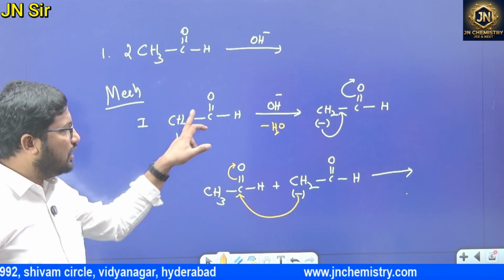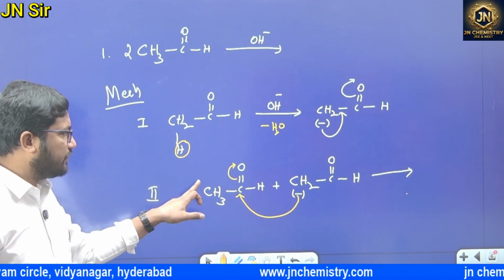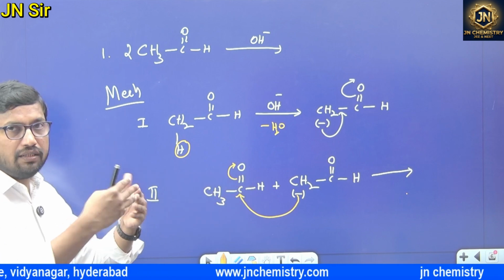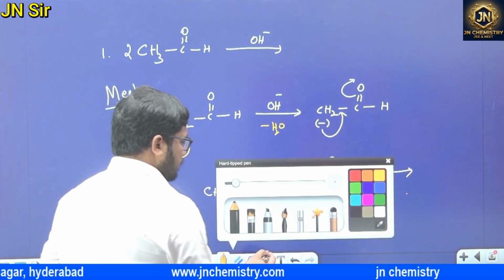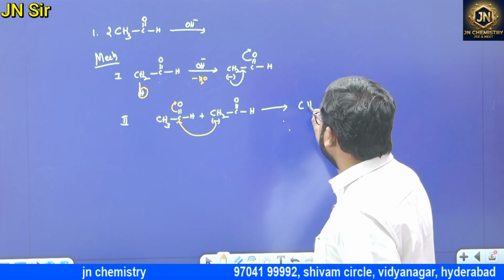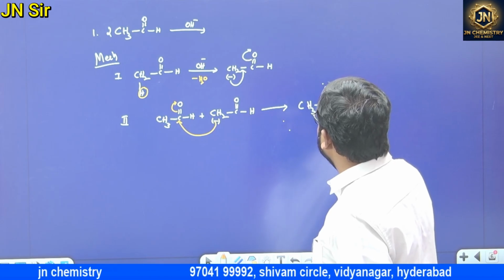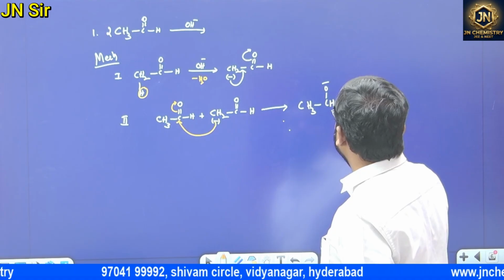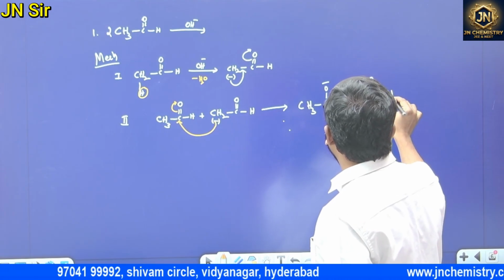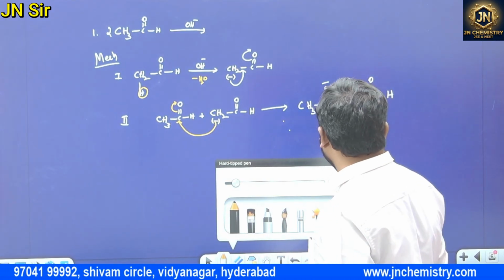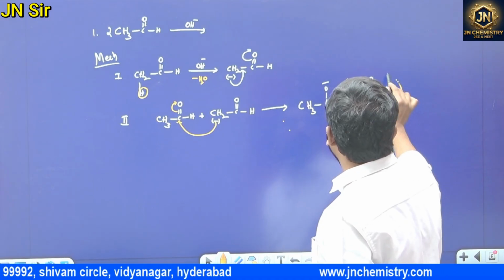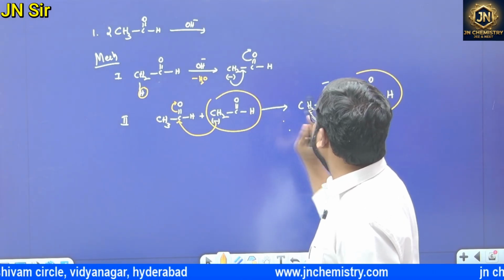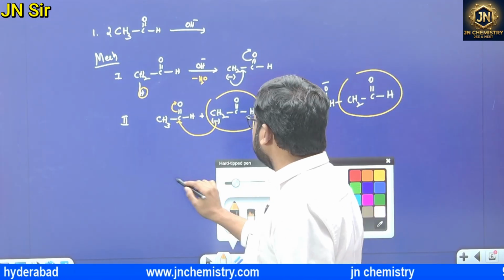Simply club the 2 together: CH3-CHO-, and I am writing CH2-CHO like this. This particular one came from over here. Simple. Third step, nothing is there.